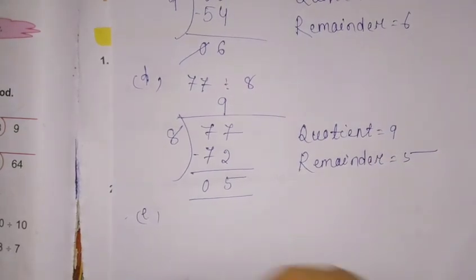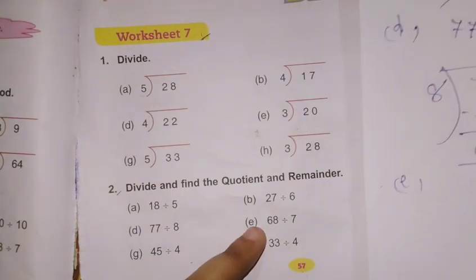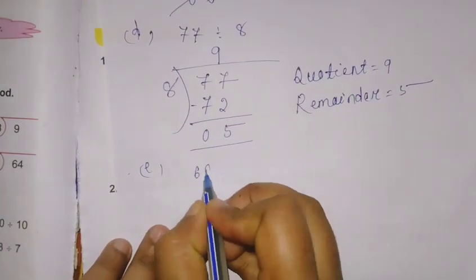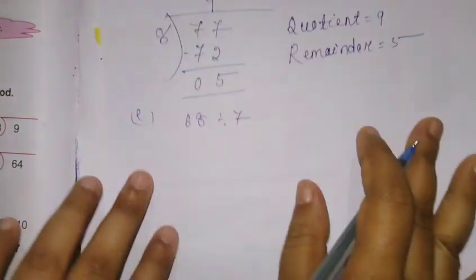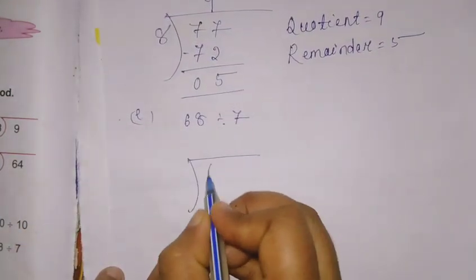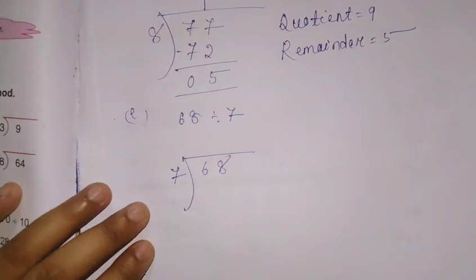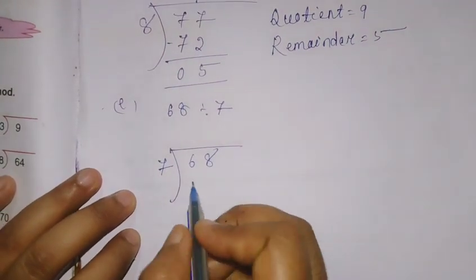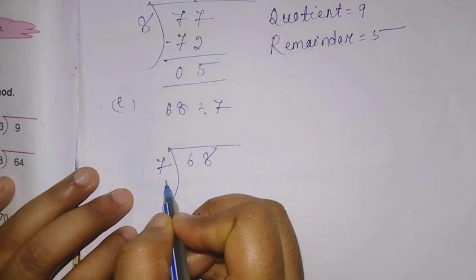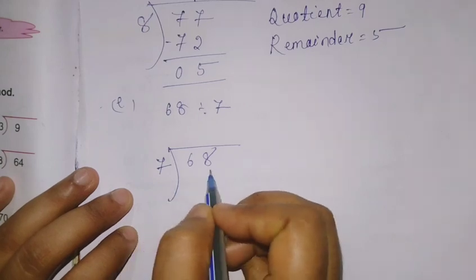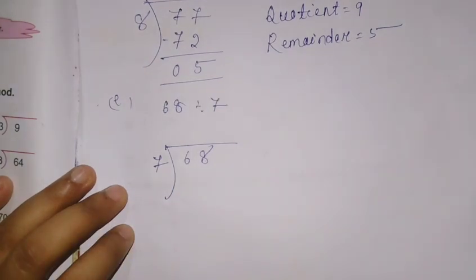Now solve another point E. 68 divided by 7. First, recite the multiplication table of 7 till we get 68. 68 we cannot get in the multiplication table of 7. Then we recite the multiplication table of 7 which is just less than 68.